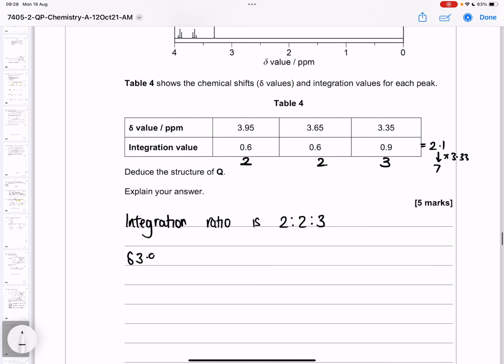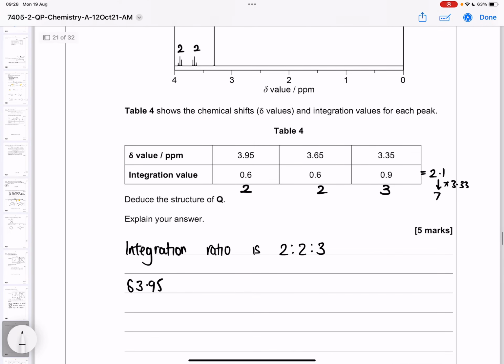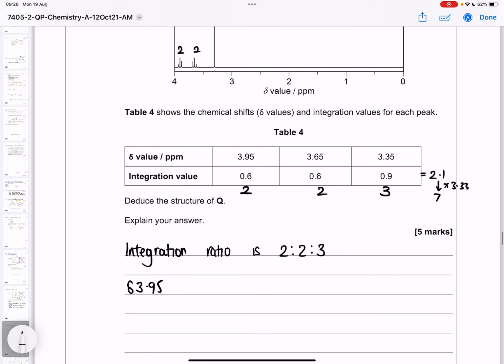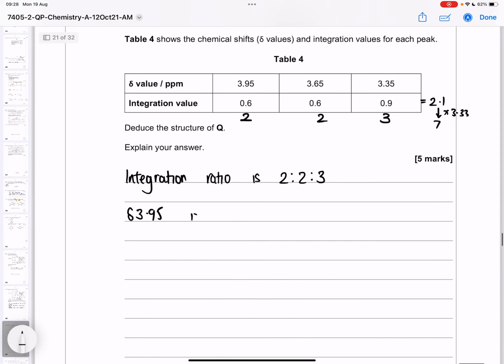So delta 3.95, and we can look at it, it's a triplet, integration 2. We've already said the integration. Then we would need to look on our data sheet.